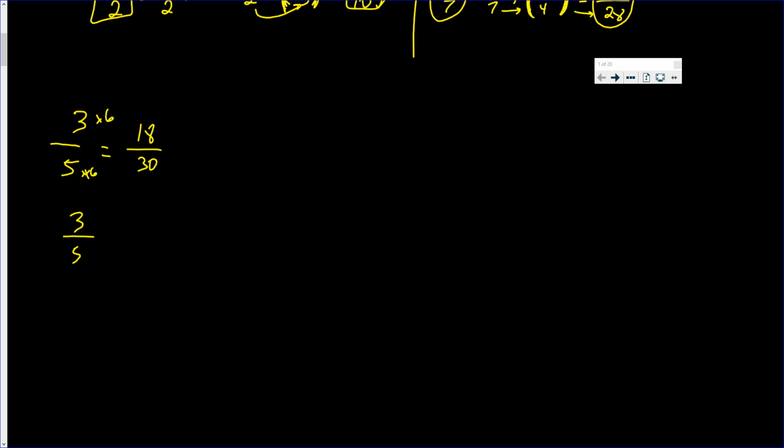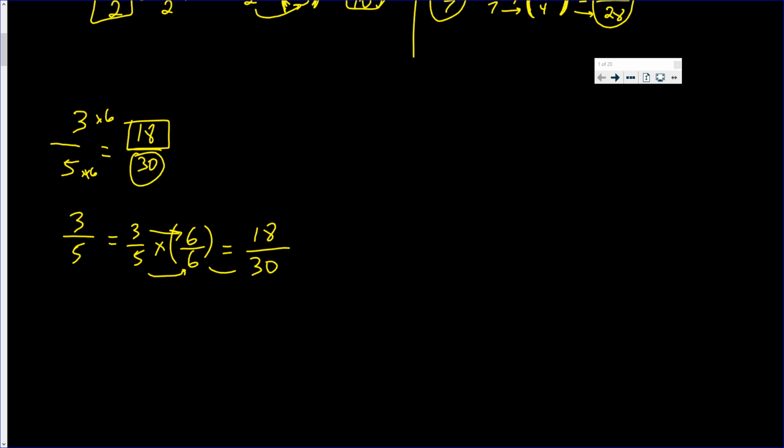Basically, that's just shorthand for saying this number equals itself times 1. Now I'm going to write the 1 as 6 over 6 because 5 times 6 gives me what I want, which is 30. And 3 times 6 is 18. So the unknown number is 18.